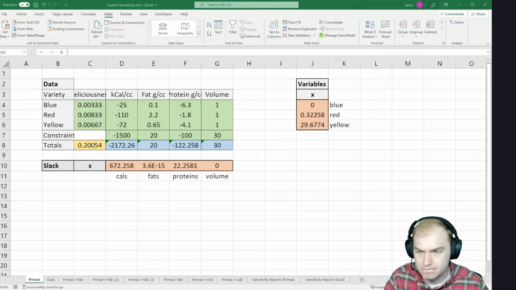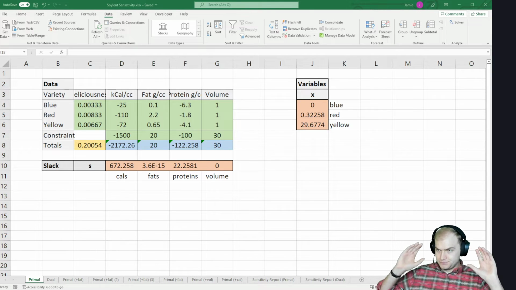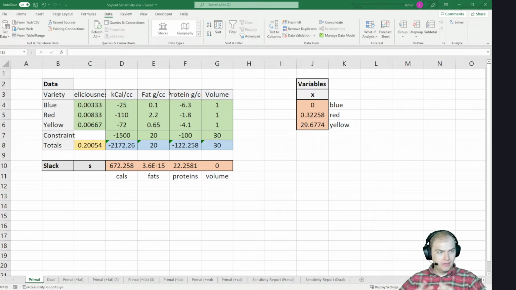Okay. So here is yet another slightly different way to write up the Soylent Diet problem in Excel Solver.